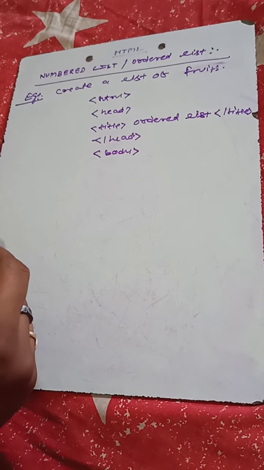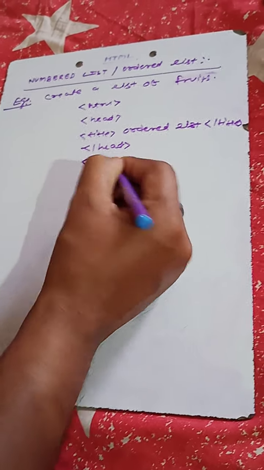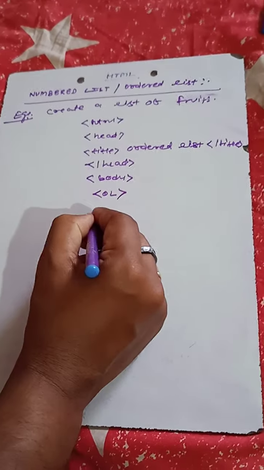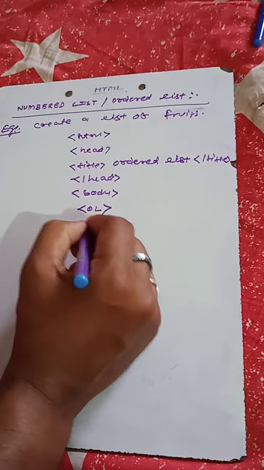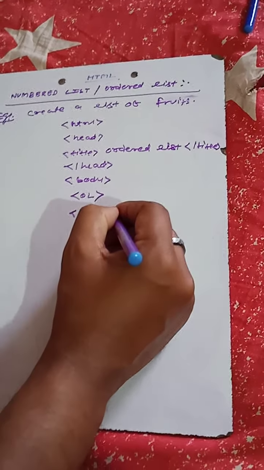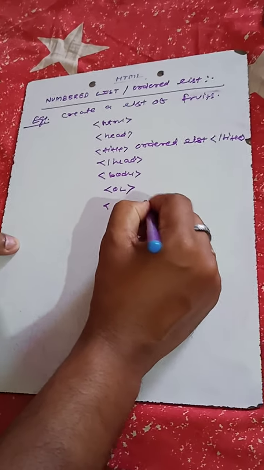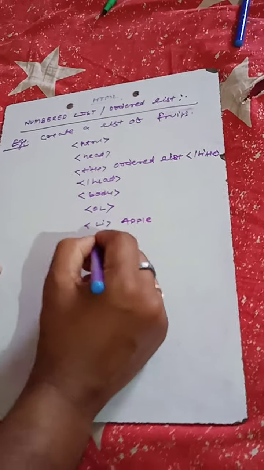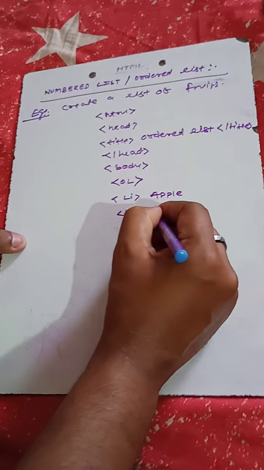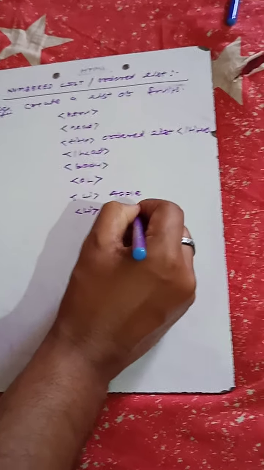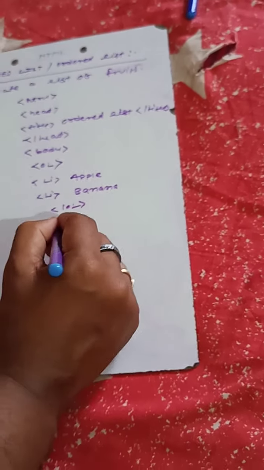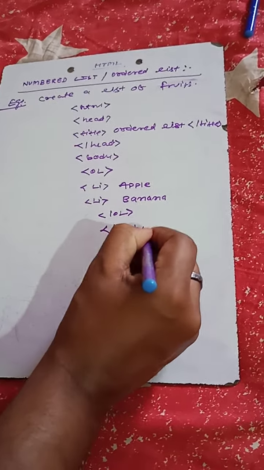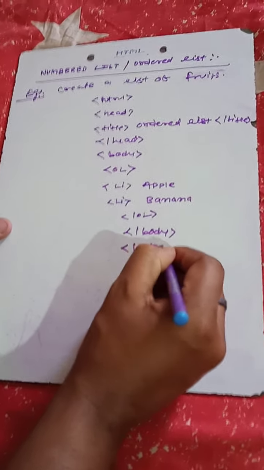To create the numbered list I will use the OL tag, and now first of all I will use the li tag, and I will write apple. Again I will take li and I will write banana, and I will close the OL. I will close the body and I will close the HTML.